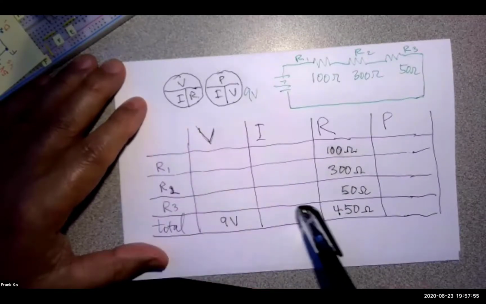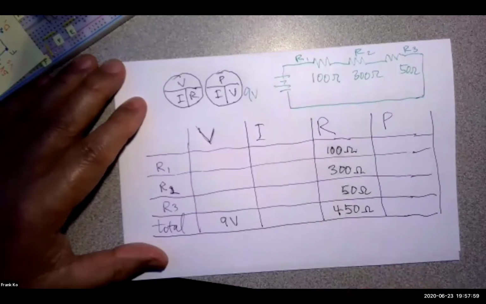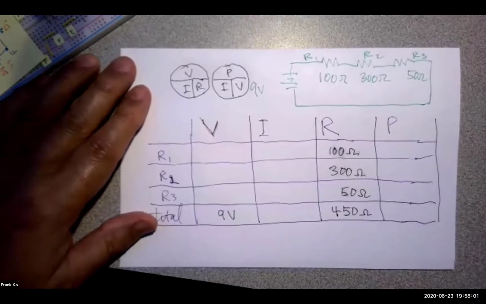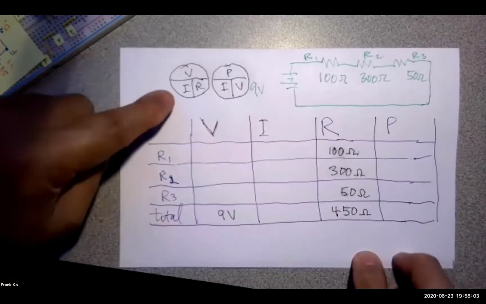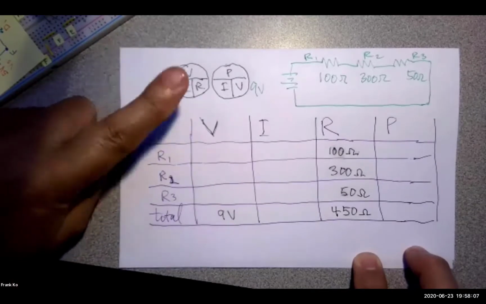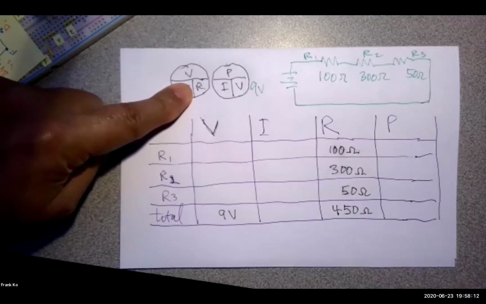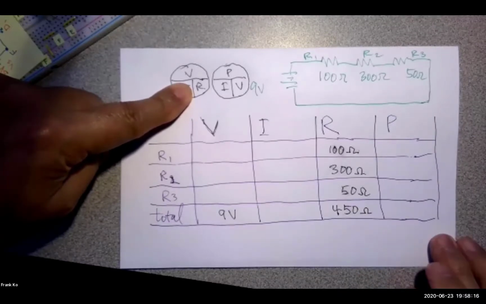What is my missing quantity? My missing quantity is under what column? I. I stands for what? Current. Take a look at Ohm's law circle. According to this circle, if I'm looking for current, I take my finger and I put it over the I. Is your finger over the I on your circle formula if you've written it down?